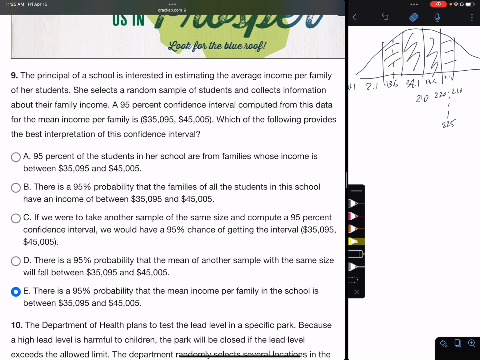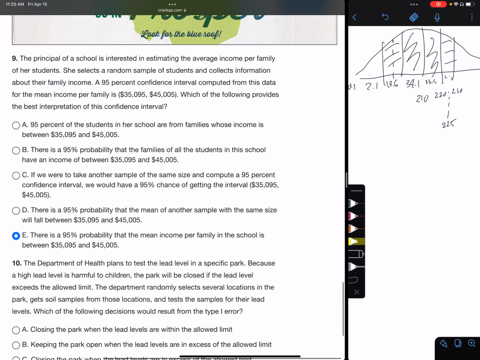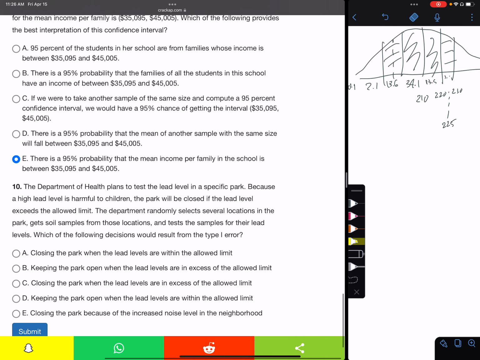A simple random sample of students collect information of family given the data. What's the best interpretation? This is either B or E. 90% probability that the families of all students in the school have an income between, 95% probability that the mean income per family.